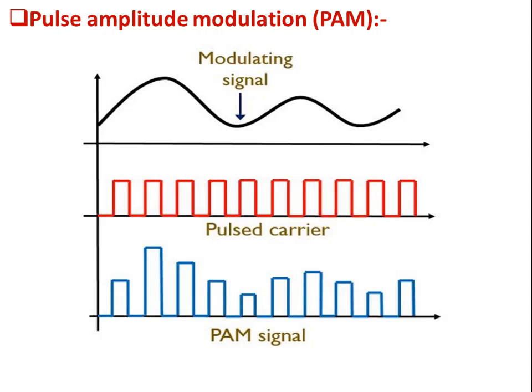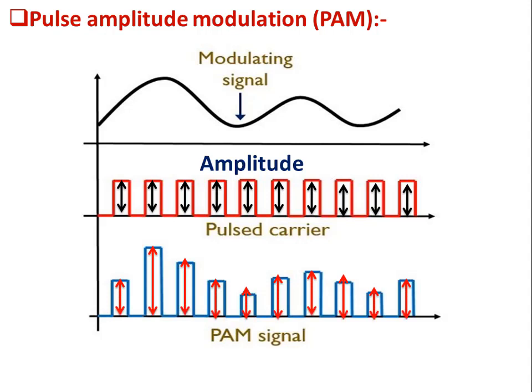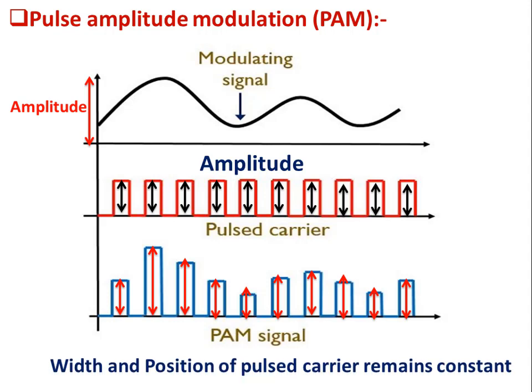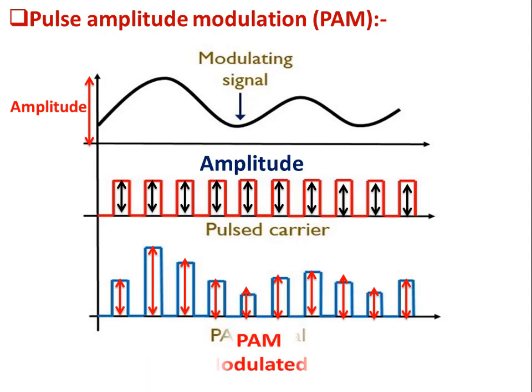If you look at this signal representation, here the amplitude of the carrier pulse is varying with respect to the amplitude of the modulating signal. But one thing you can observe is that the parameters of the pulsed carrier such as width and position remain constant. Hence, this type of pulse modulated output is called a PAM modulated signal.